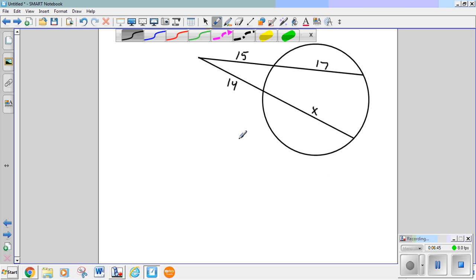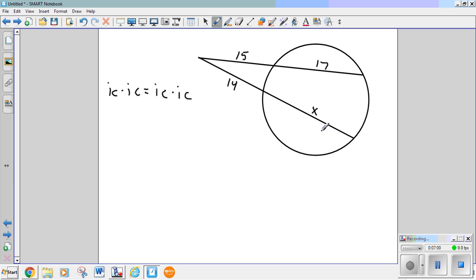Here's another one. Two segments that intersect a circle and each other. We're worried about segment lengths, so we use IC times IC equals IC times IC. For the top segment, the first IC from the intersection to the circle is 15.